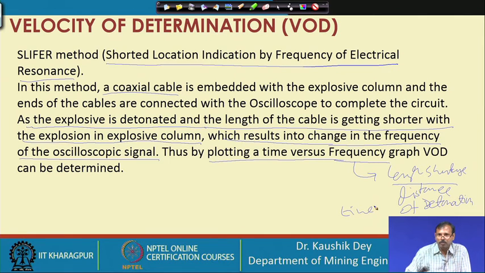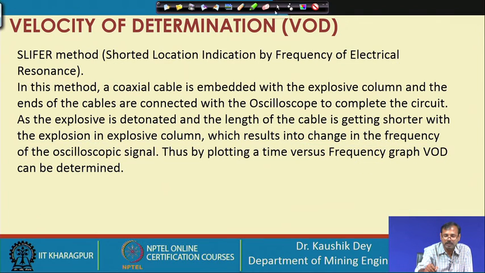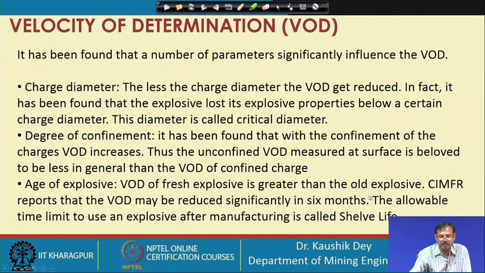That means we can obtain the time versus length considering the frequency, and from there we can easily compute the VOD. This coaxial cable is very cheap, and that is why this allows for continuous VOD monitoring, and remote monitoring of a full-fledged blast round. So, this basically eliminates all the problems of in-field VOD measurements, and nowadays VOD is popularly monitored this way.